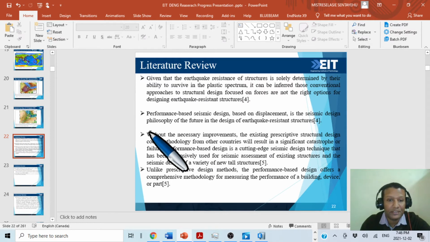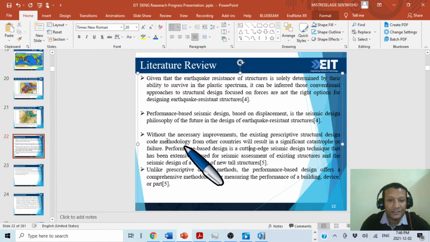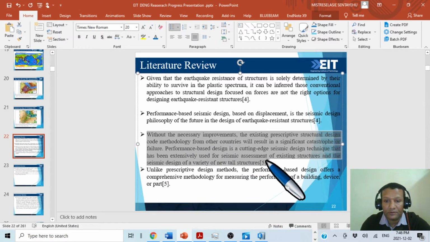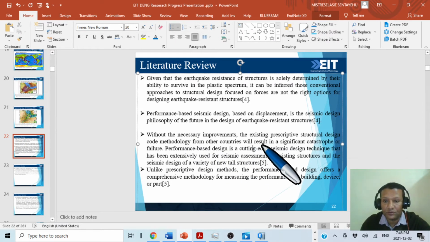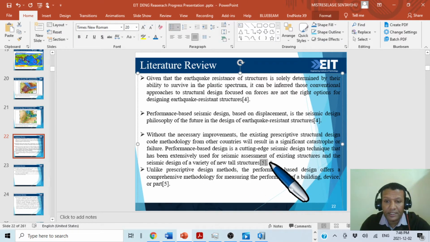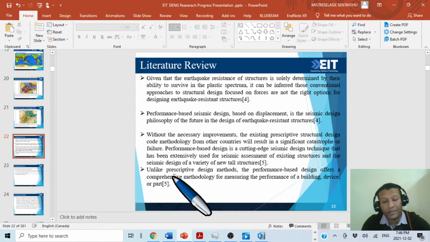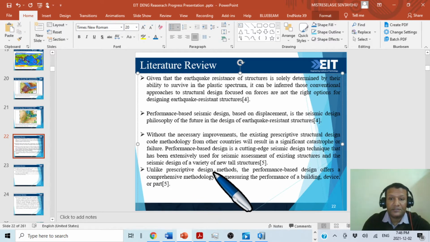We already discussed this a lot of times. Our research also depends on this concept. So this researcher also highlighted it. Unlike prescriptive design methods, performance-based design offers a comprehensive methodology for measuring the performance of a building, device, or parts. So they are in favor of performance-based design.